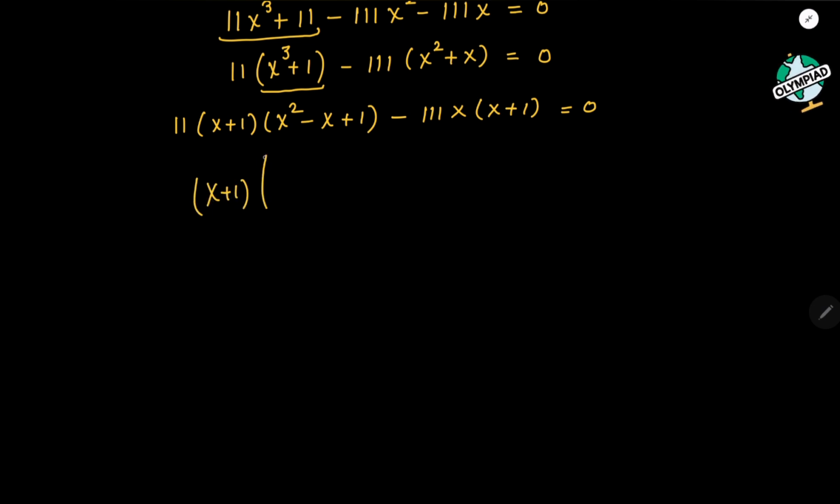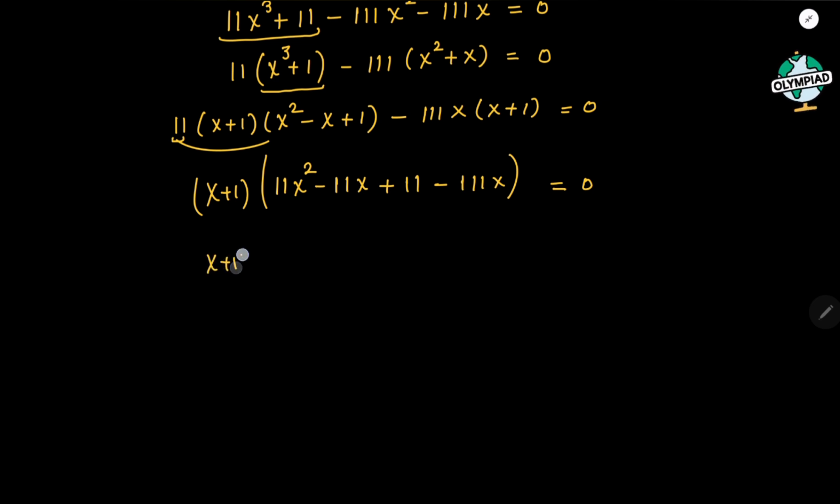Here I'm left with 11 multiplied inside with every term: 11x² − 11x + 11, minus 111x, right? Because x + 1 we have taken common.